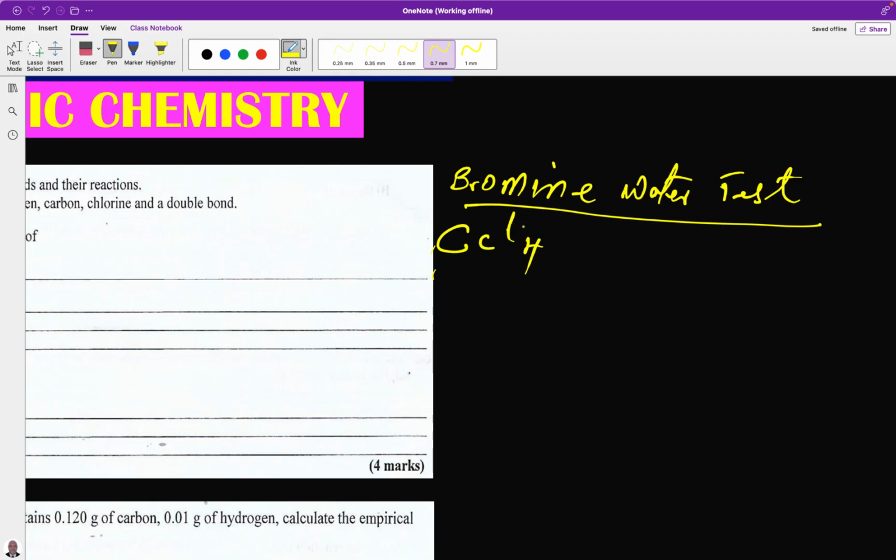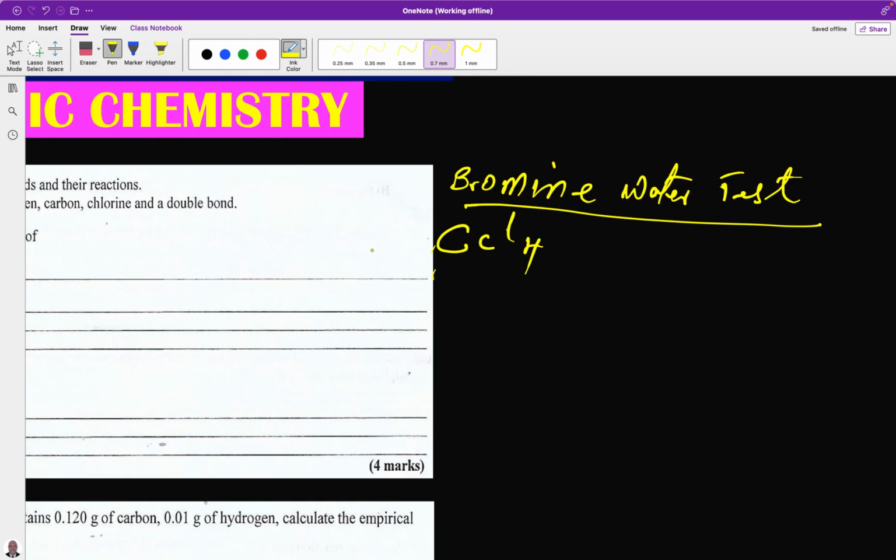Or you can say the double bond decolorizes bromine water. Any organic compound containing a double bond will decolorize bromine water. So if you add bromine water to any organic compound containing a double bond, the orange color disappears, indicating the presence of a double bond.